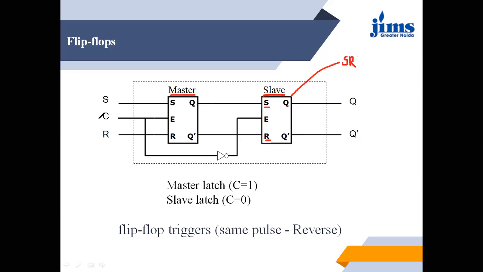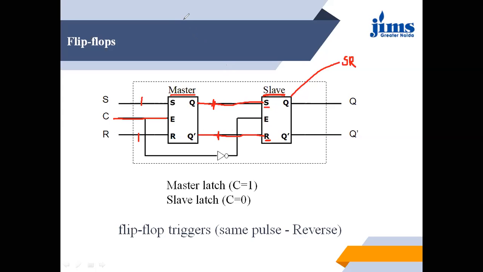So what happens when I am giving a clock pulse to both the flip-flops? These are the inputs, and the same input is given to the second flip-flop also. Same input means the output I got at the first flip-flop, the same I am giving to S, and the other output that I get on Q bar, we give the same to R. So this is the reason that I am saying the same input we are giving to master and slave flip-flops.